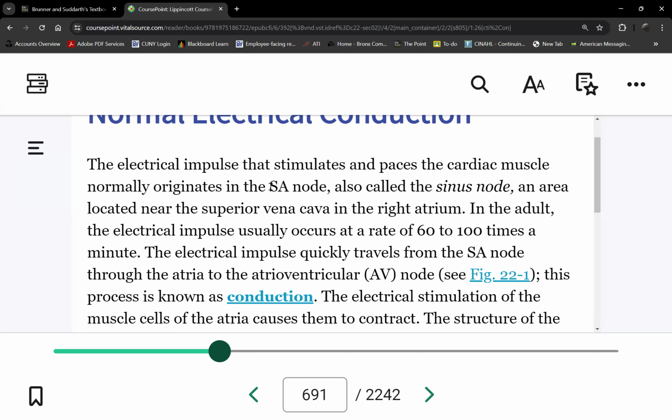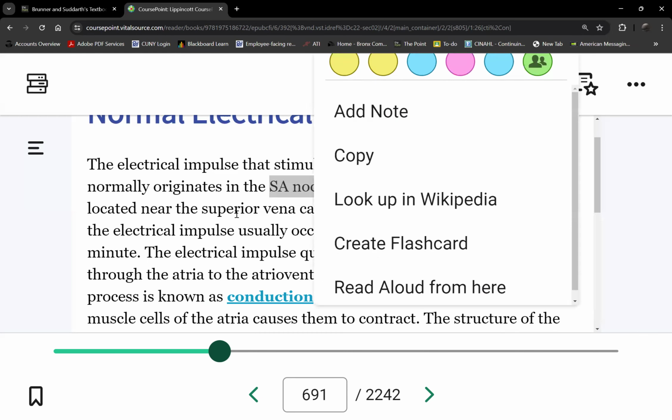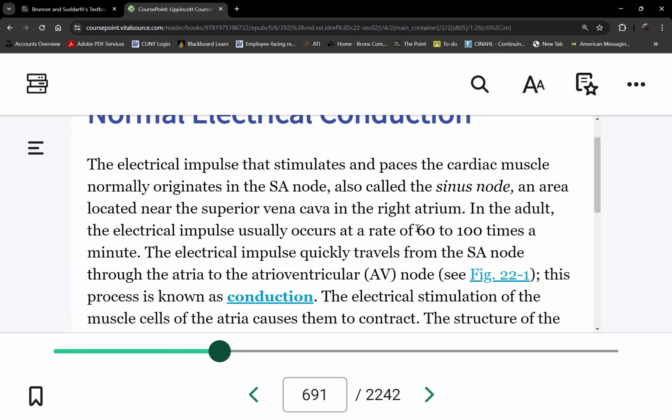The primary pacemaker is called the SA node or the sinus node. It is located in the right atrium, right at the door of the right atrium from the superior vena cava. And it is capable of firing 60 to 100 impulses a minute. Okay, 60 to 100 times each minute.